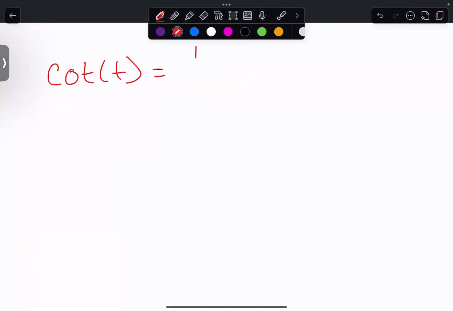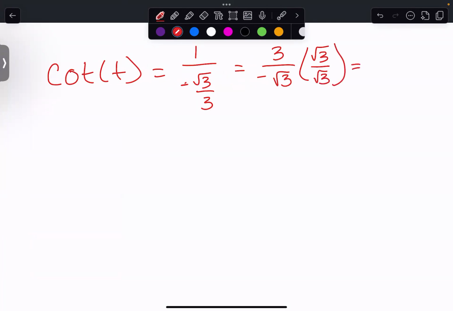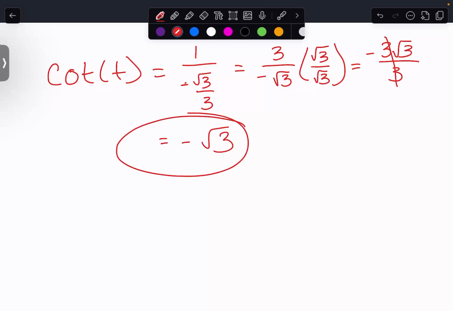So cotangent is going to be the reciprocal of negative square root of 3 over 3. So we can just write that as 3 over negative square root of 3. Rationalize my denominator, and we get negative 3 square root of 3 over 3. Those 3's will cancel out by division, and we end up with negative square root of 3, and that's cotangent.